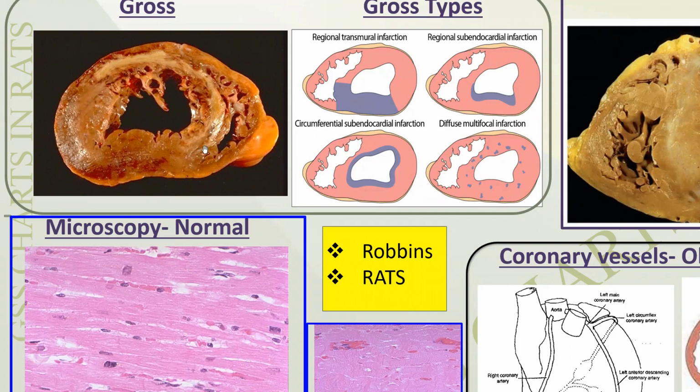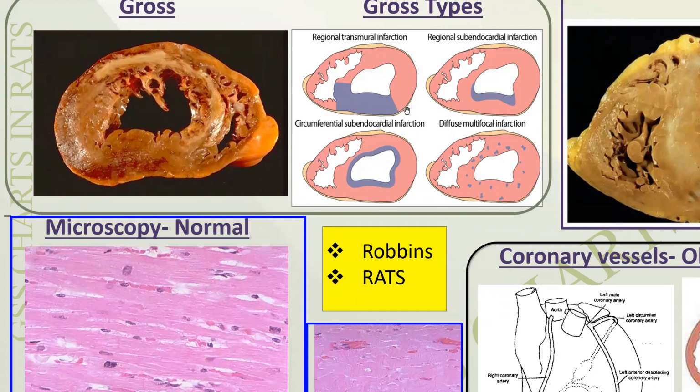It is brownish or beefy in color, in which I am able to see a pale grayish white area, which is an area of infarct, very well demarcated. If I look carefully at the periphery, there is a darkening because of congestion. This is the classical picture of any coagulative necrosis.